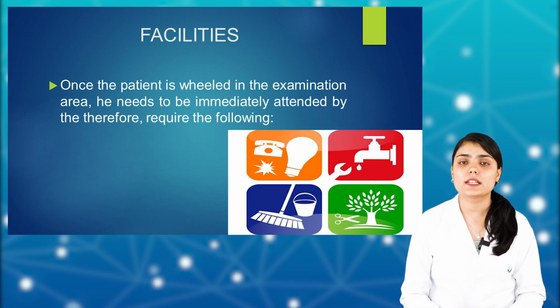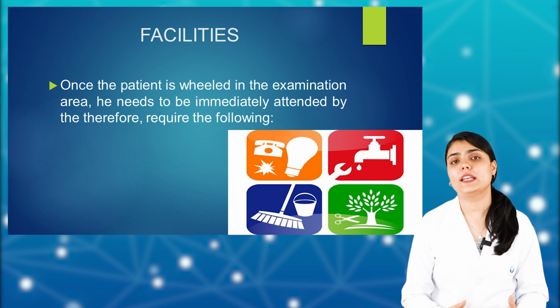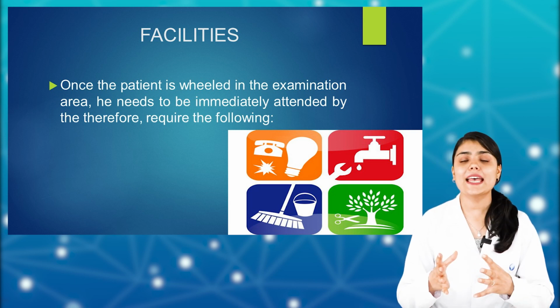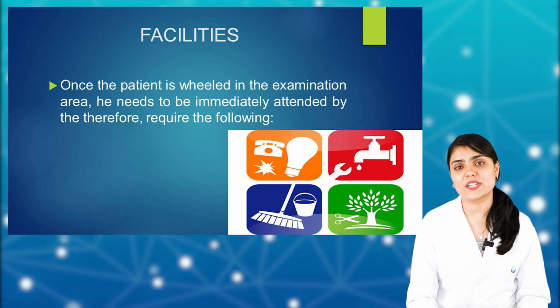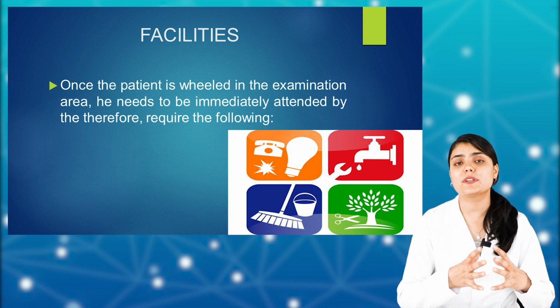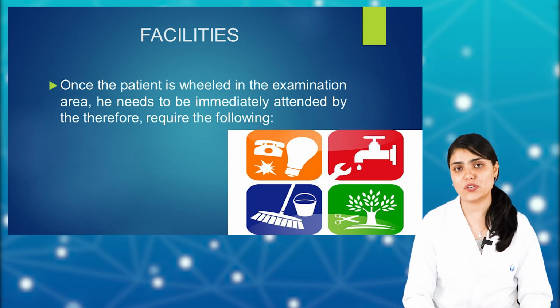Moving on, let us discuss the facilities to be available in the emergency department. As the patient enters inside the emergency department, the patient is kept under examination or observation. In the examination area, the patient is to be attended immediately. We know that in emergency situations, prompt actions are required from the emergency care team.